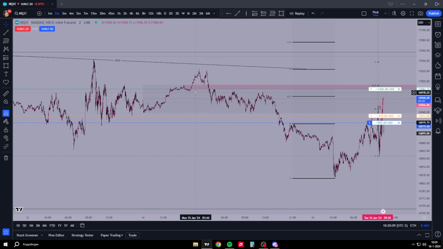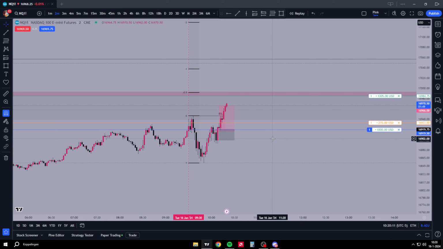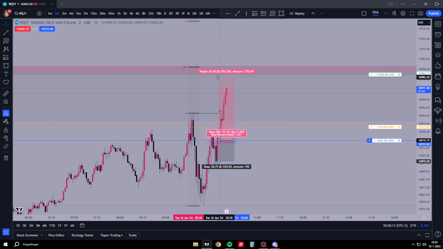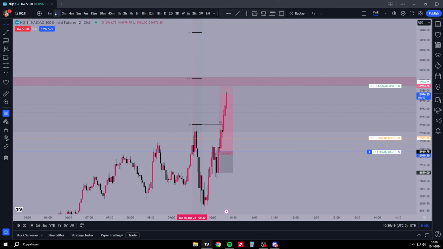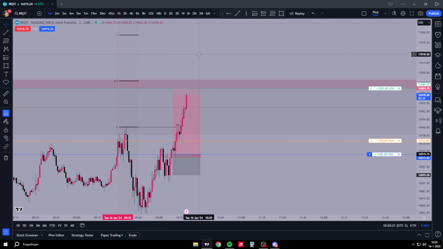There's so much liquidity right there. So 1 and 2 was first TP, and then 1, 2, 1 and 3 is second TP. That's just beautiful.